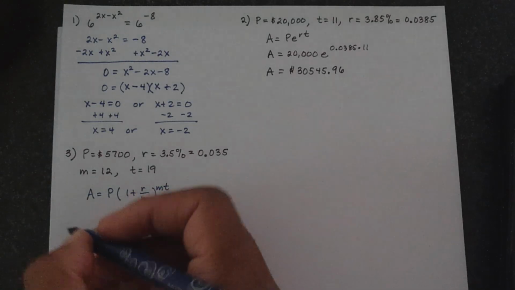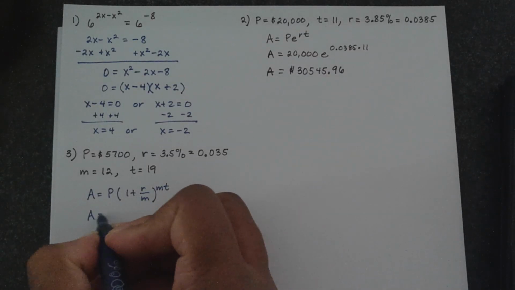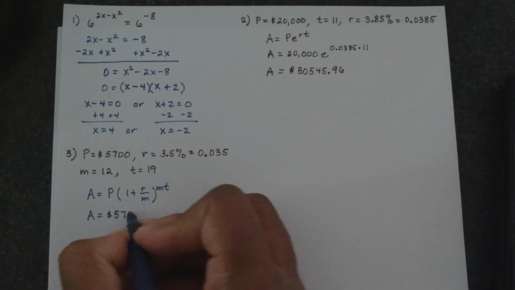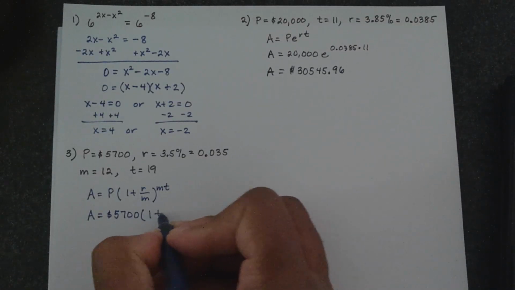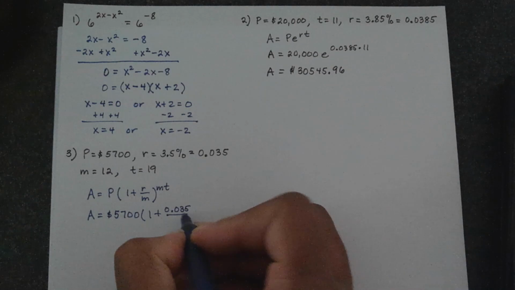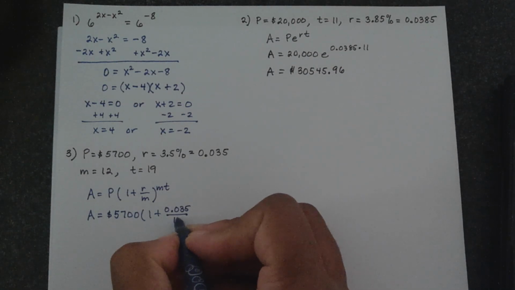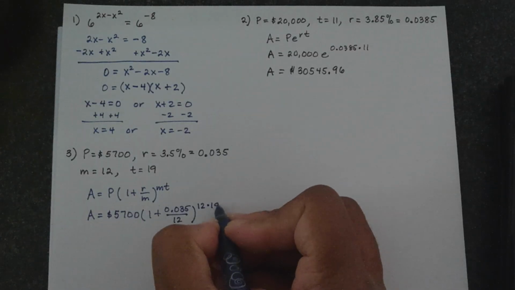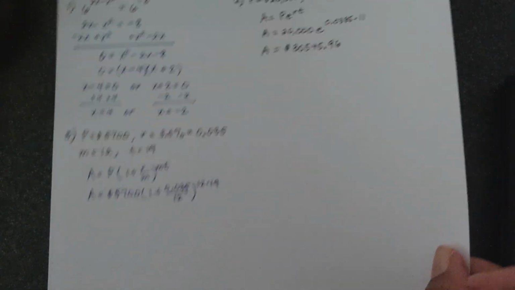And then we do our substitution. So here, the P is $5,700. And then 1 plus R, that's going to be 0.035 divided by M, which is 12. All that's going to be raised to the M, which is 12 times T, which is 19.